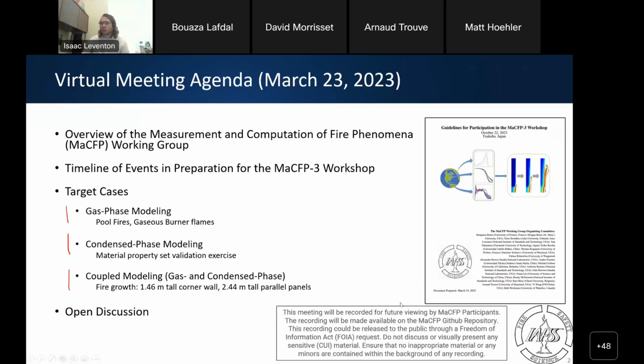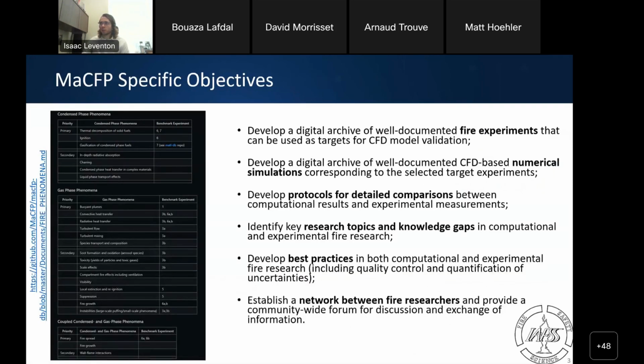So we will cover the main objectives of MaCFP first, just as a broad background of what we're here for.